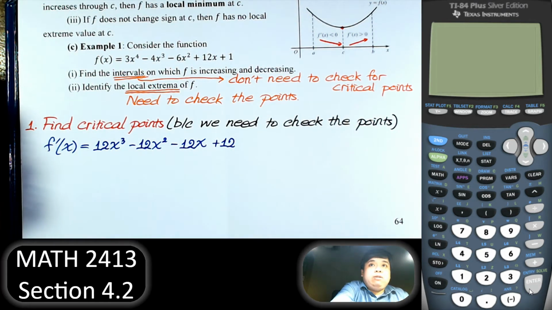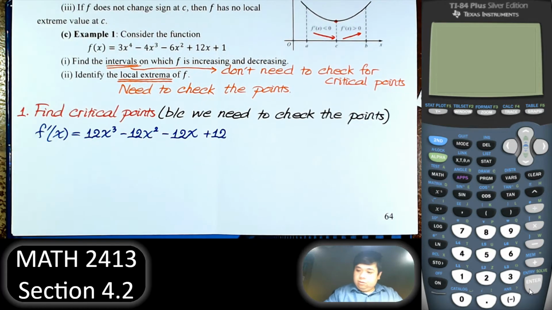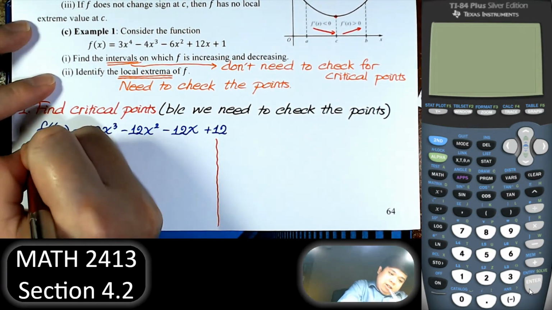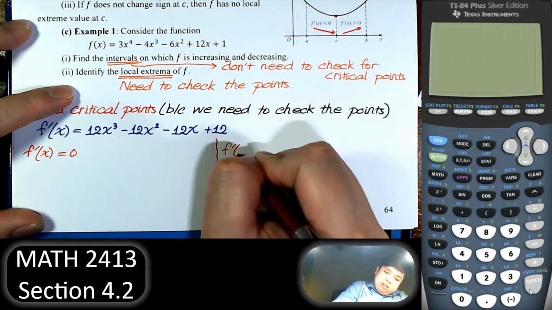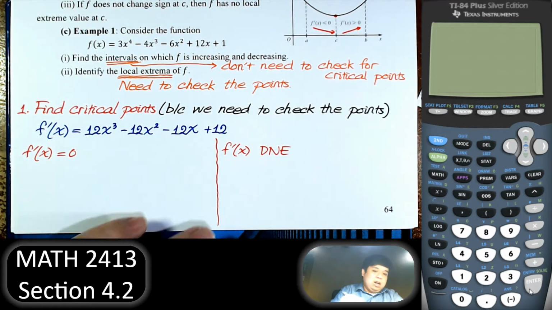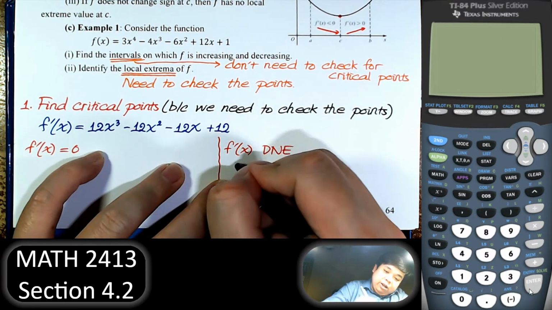So we have the derivative. I just need to make it equal to 0 or does not exist. In this case, there will be none where it does not exist, because that polynomial is defined everywhere.